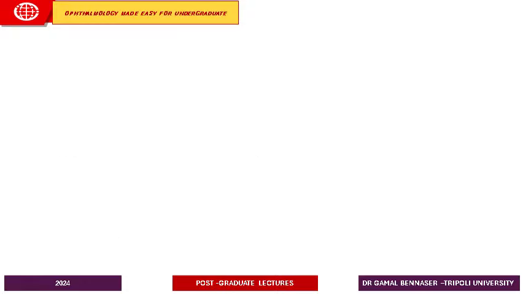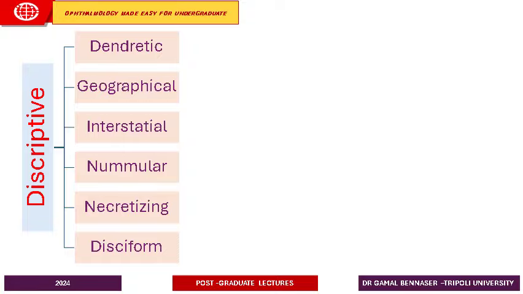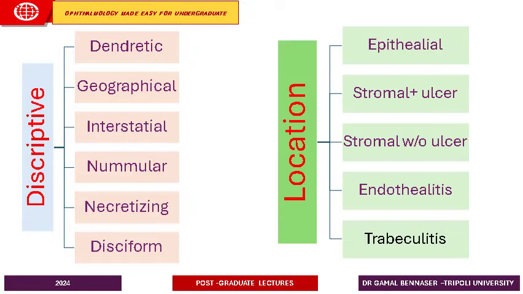Now, if we have a quick look at the different terminology used in herpetic eye disease, there are different levels of classification, and the terminology should be understood because these terms can be used interchangeably. So there is the initial historical or descriptive classification based on the shape: the dendritic ulcer or geographical ulcer, interstitial, nummular, necrotizing, disciform.